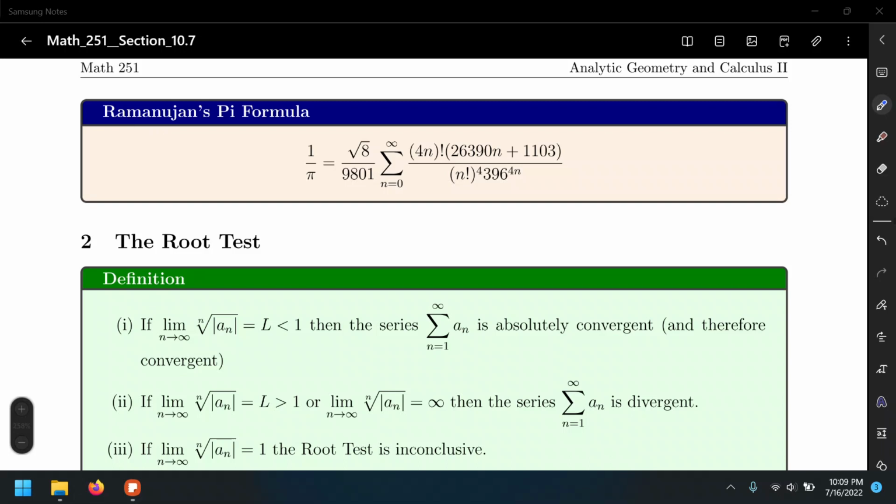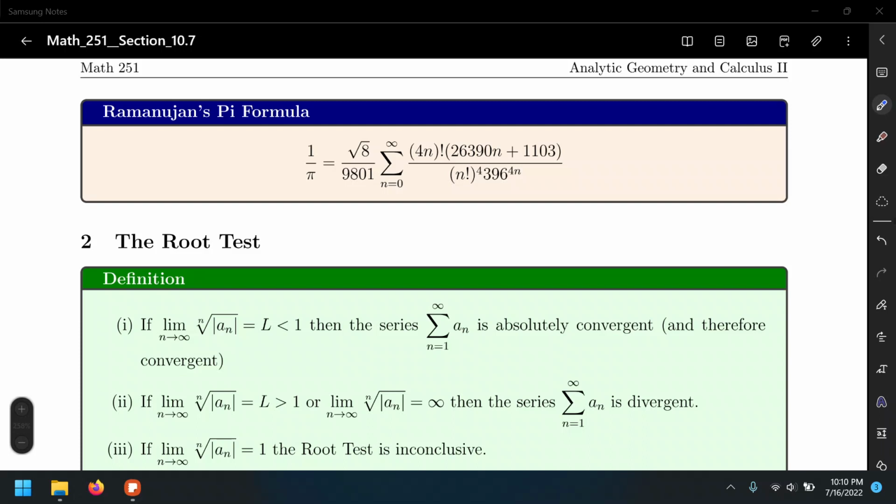Ramanujan was a mathematician from India who claimed he used to dream about gods and goddesses that would tell him sequences of numbers and expressions like this to find very interesting values.